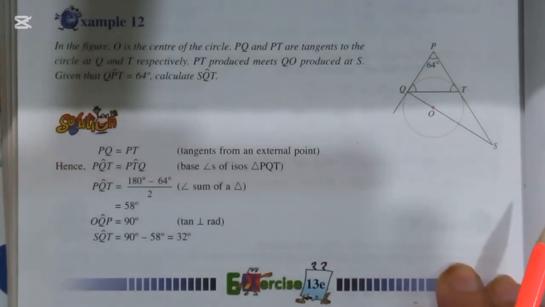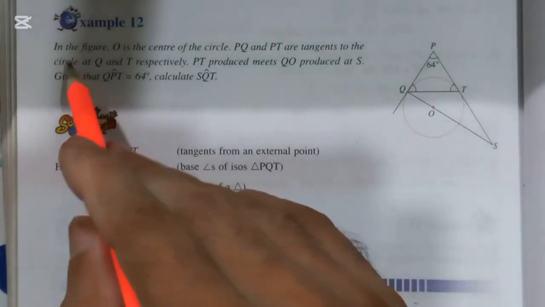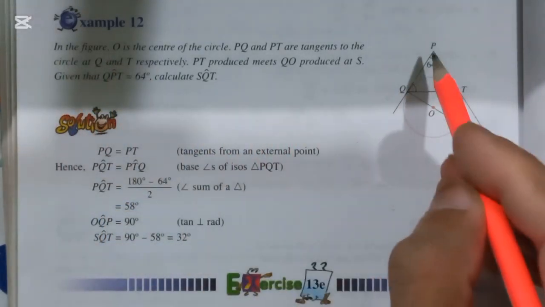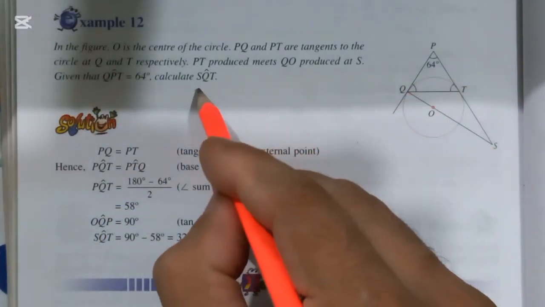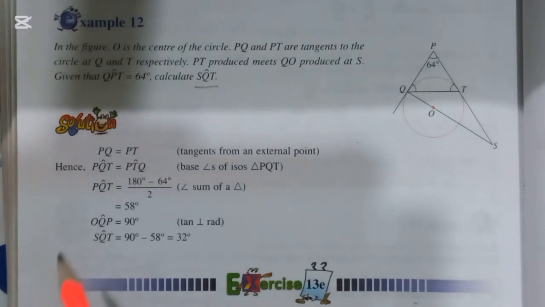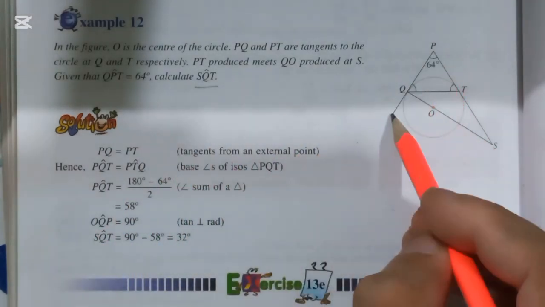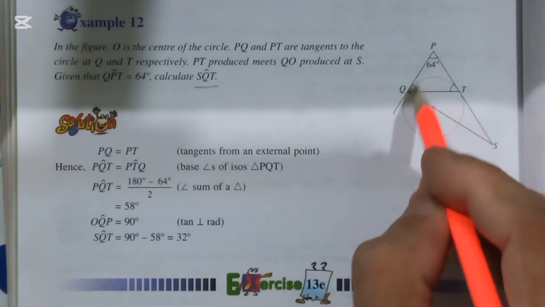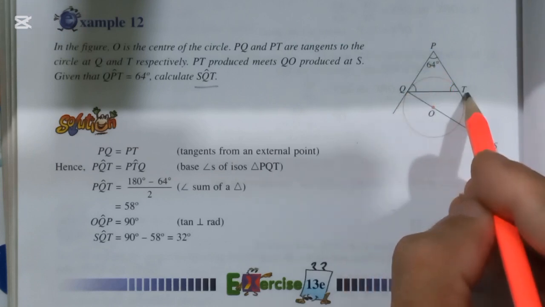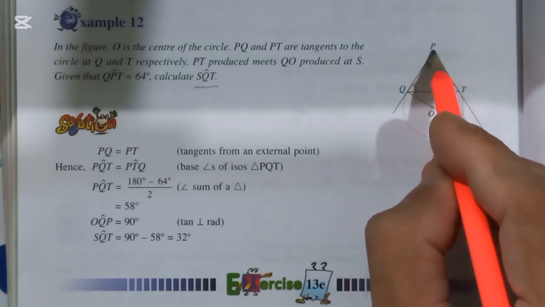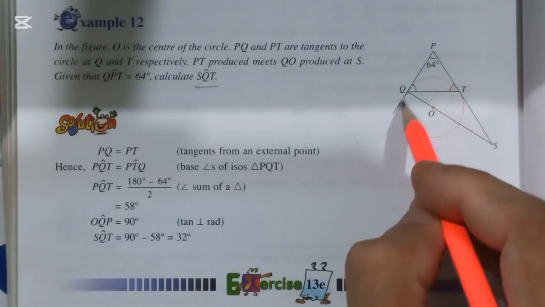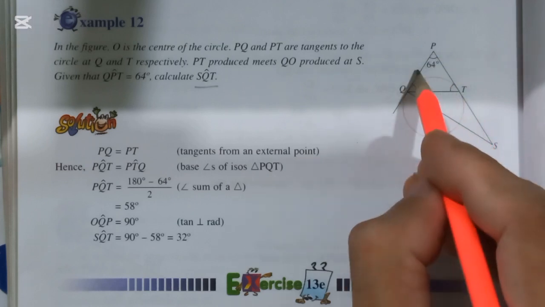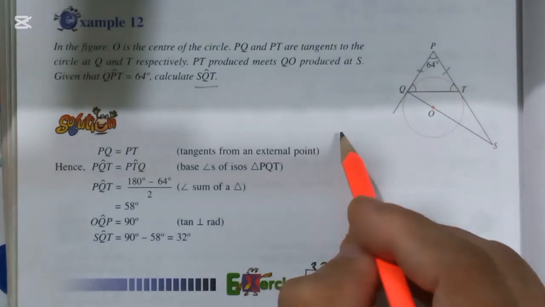Here is another question. So concentrate yourself in the figure O. This is actually the figure and the requirement is SQT. So this is tangent. Look at the triangle PQT first, because this is the external point from where tangents are drawn. It means these will be of equal measures.